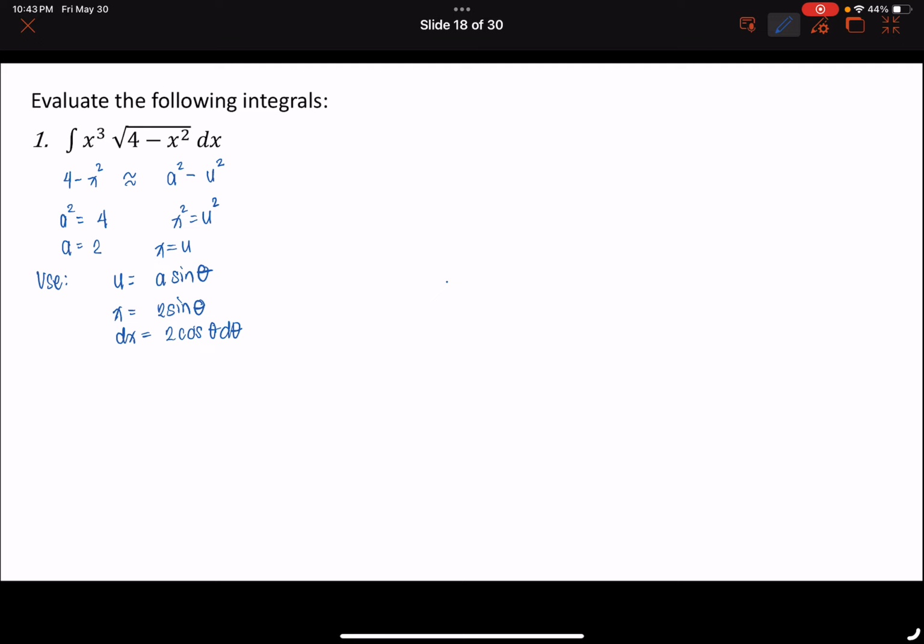From this as well, we will be doing our substitution such that we have (2 sine theta) cubed times the square root of 4 minus (2 sine theta) squared dx. And our dx is 2 cosine theta d theta.